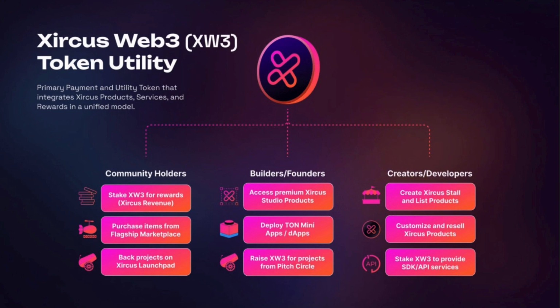In this webinar, I will break this into 4 different parts. First, I will cover the token utilities for our community holders, and then I will talk about the builders and the founders, creators and developers, and then I will dive into the revenue models that fuel the XW3 token economy, showing how our ecosystem creates this self-sustaining cycle where all the stakeholders benefit from actions taken within our infrastructure.